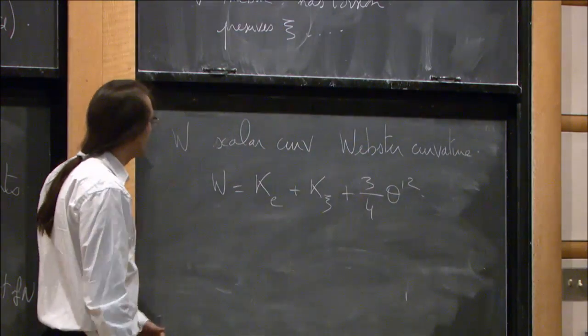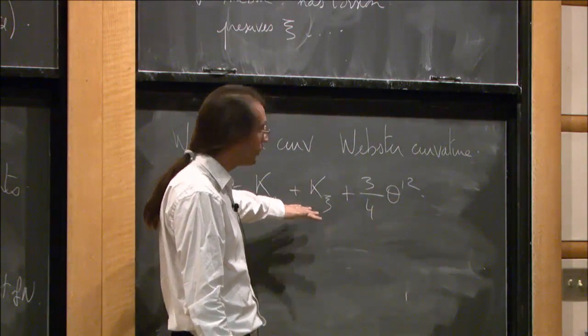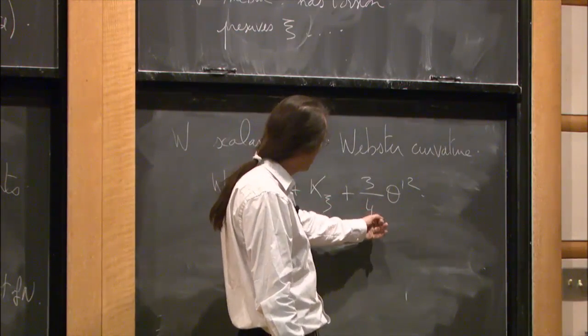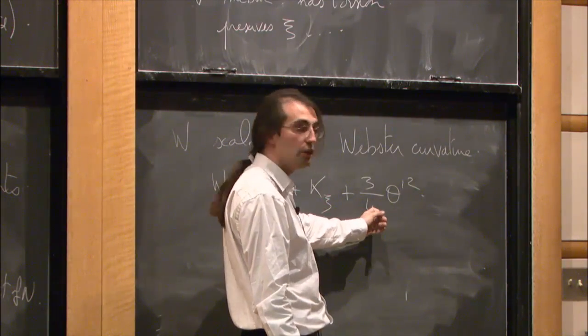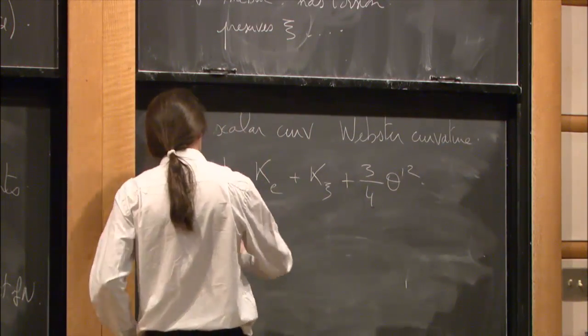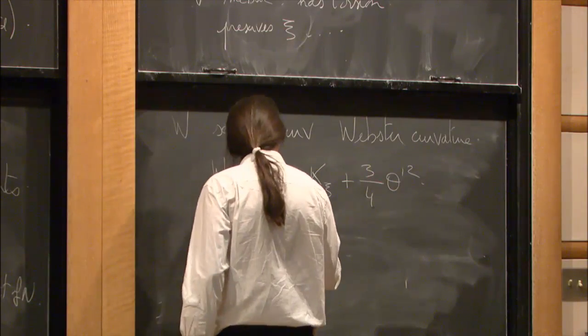So in particular, if Xi were a foliation, you would get the sectional curvature of the leaves, the intrinsic geometry of the leaves. And the 3/4, if you recognize it from the O'Neill formula, it's the same 3/4 as in O'Neill's formula. Anyway, there is also the norm of the torsion, measuring torsion.